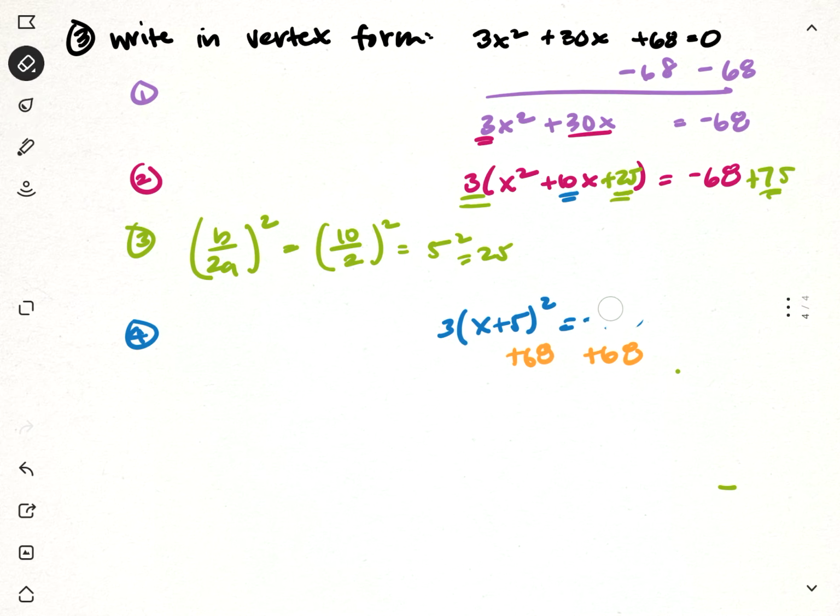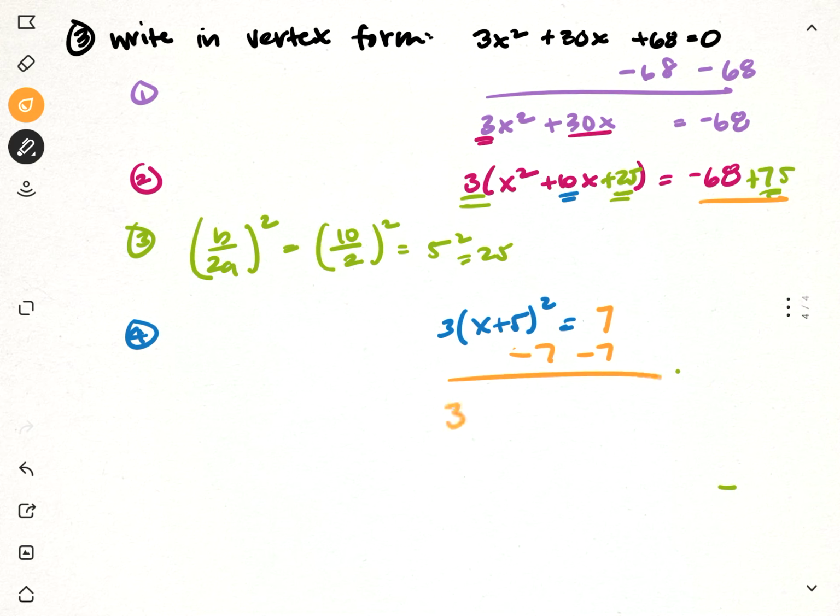I'm messing this up. Negative 68 plus 75 is going to be positive 7. So then all we have to do is move the 7 to make it equal to 0. So we have 3(x plus 5) squared minus 7 equals 0.